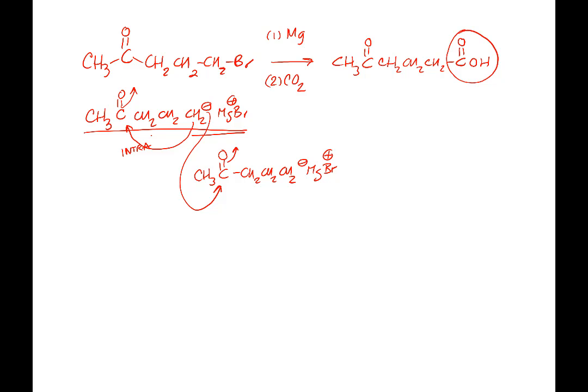If there was another carbon there, it very well might form a five-membered ring. Five- and six-membered rings are really easy to make. But it doesn't really matter whether it happens by intra or by an intermolecular reaction between two molecules.